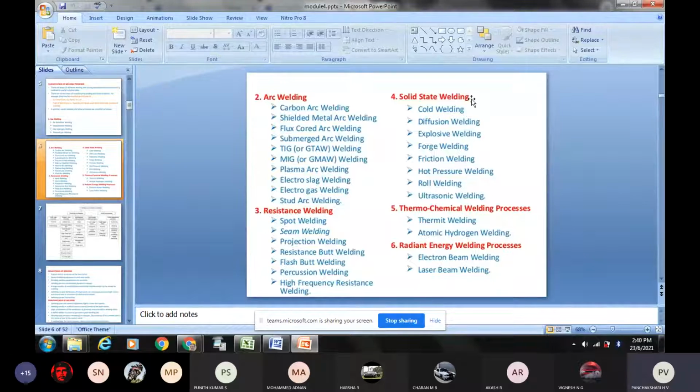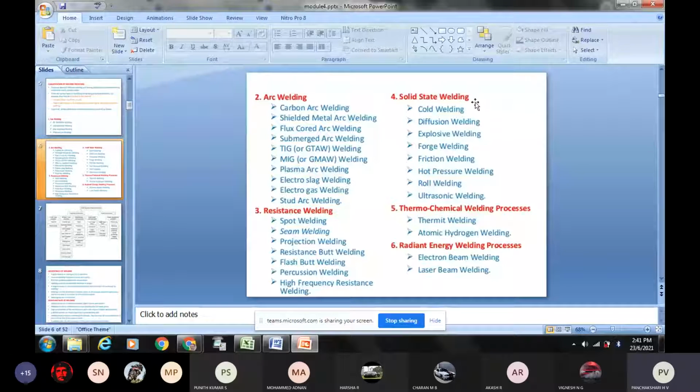Solid state welding. Here you must remember up to these classifications 1, 2, 3: previous gas welding, arc welding, resistance welding. Here we are liquefying the metal and then welding is carried out. During welding, metal is being liquefied. But in solid state welding, the two metal parts will be in the solid state itself.